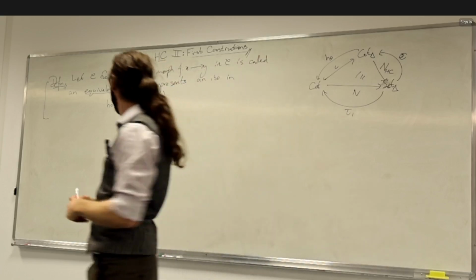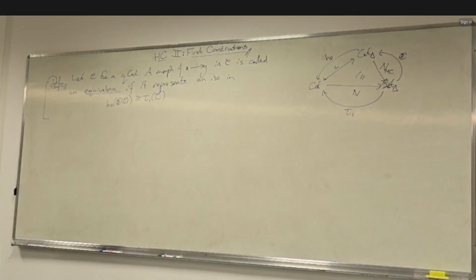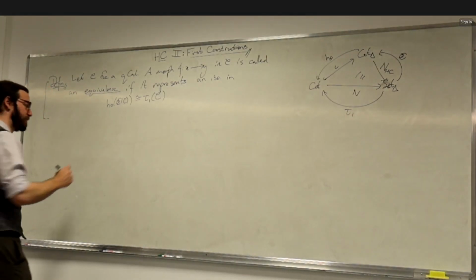Now, what does this mean explicitly, that something in a quasi-category is an isomorphism in τ_1 of C?